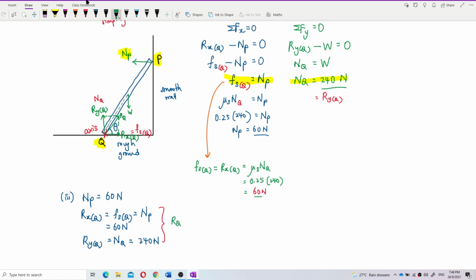Rq is equal to the square root of RxQ square plus RyQ square, which is 60 square plus 240 square.